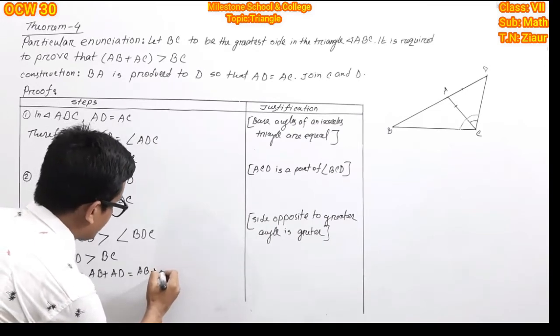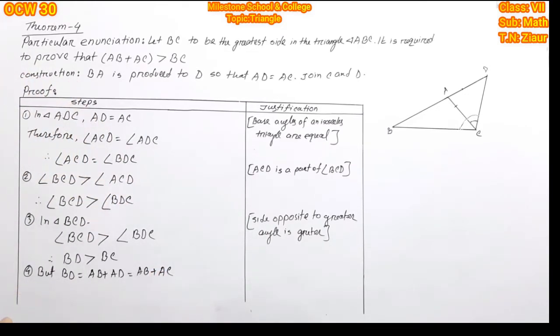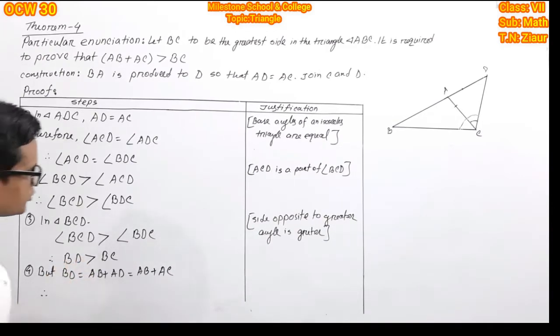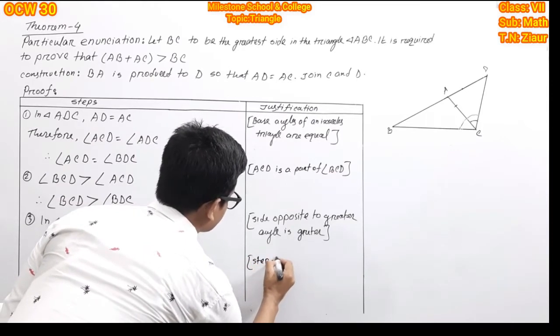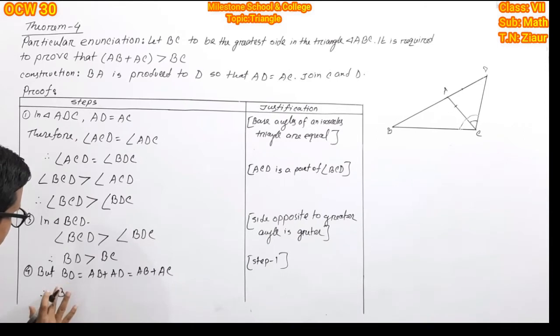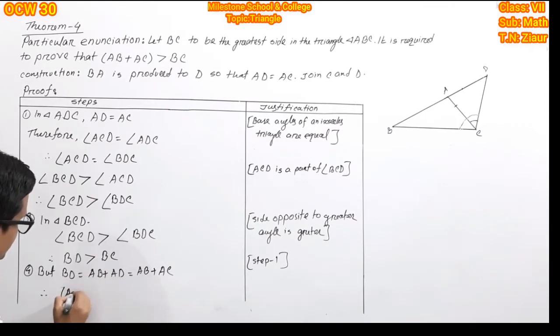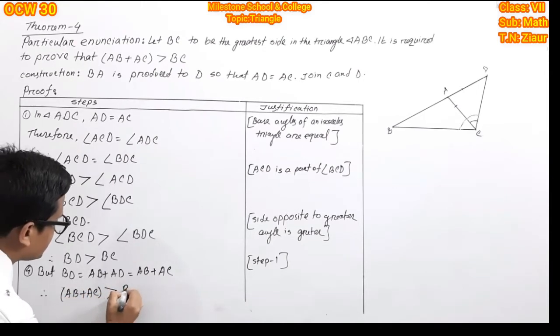So instead of AD we can write AC. So just place the value here from step 1. Instead of BD we have to write AB plus AC. So therefore AB plus AC is greater than BC.